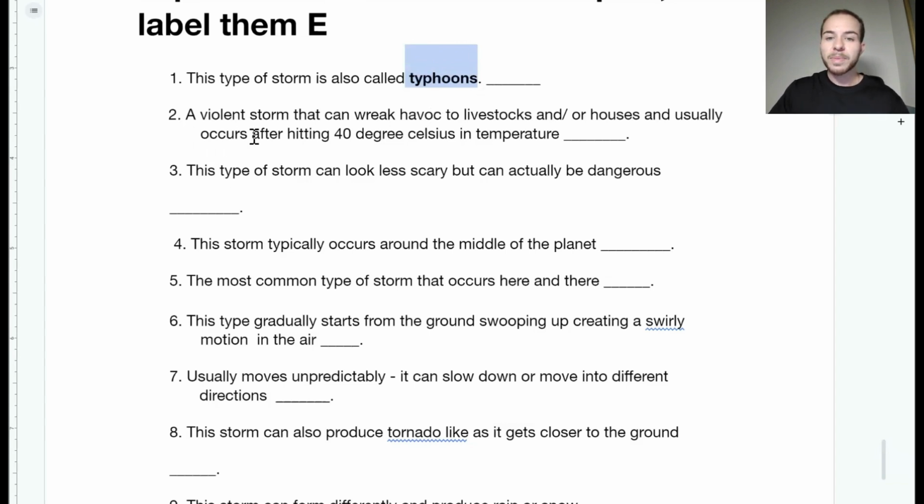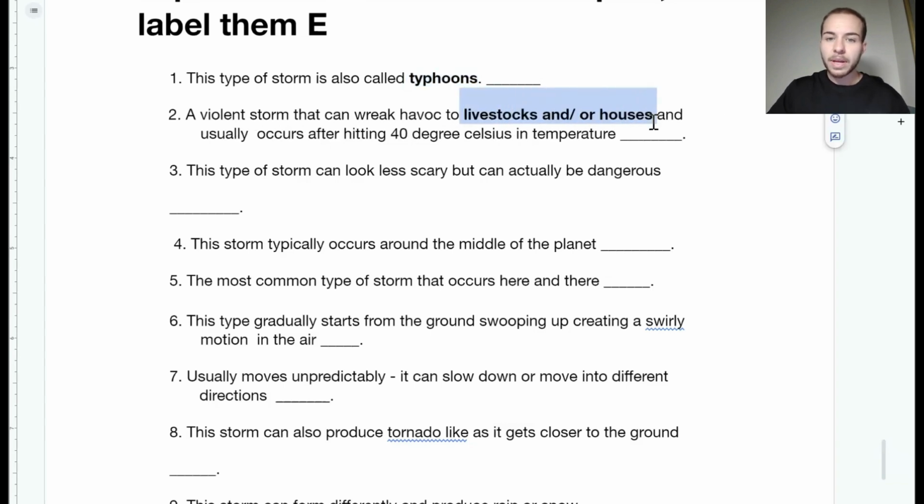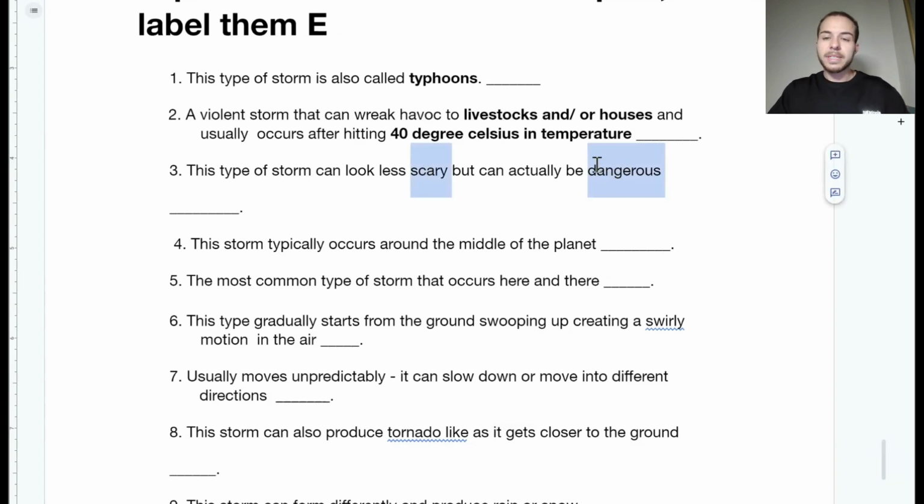A violent storm that can wreak havoc to livestock and or houses usually occurs after hitting 40 degrees Celsius in temperature. Keywords. This type of storm can look less scary, but can actually be dangerous. Scary and dangerous have a lot of synonyms, so we're going to look for other words like fearful or harmful.